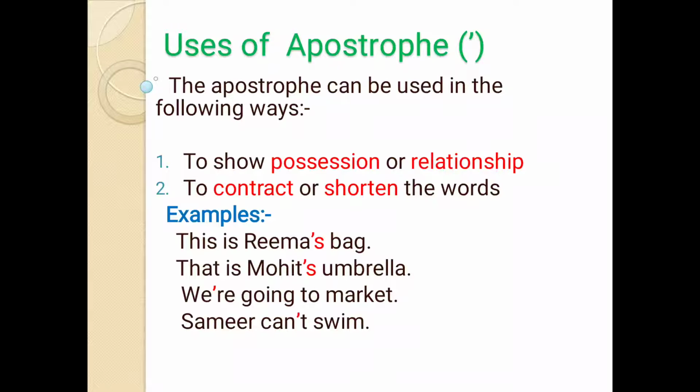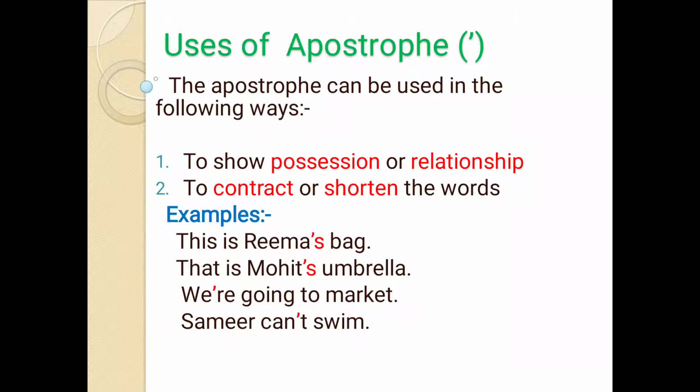Look at the first two examples, Rima's bag and Mohit's umbrella. Here, apostrophe S has been used to show the possession. In the first sentence, bag belongs to Rima, and in the second sentence, umbrella belongs to Mohit. And in sentence number 3 and 4, we're and can't.